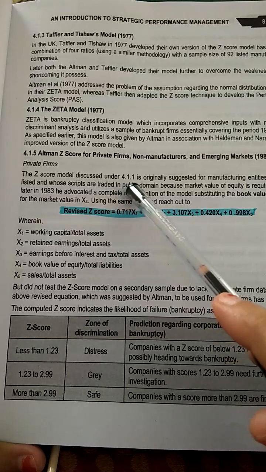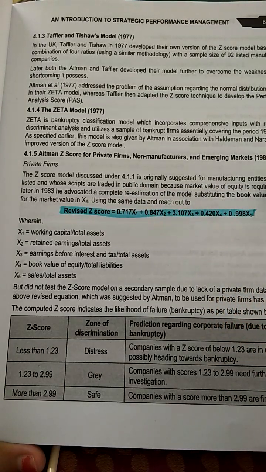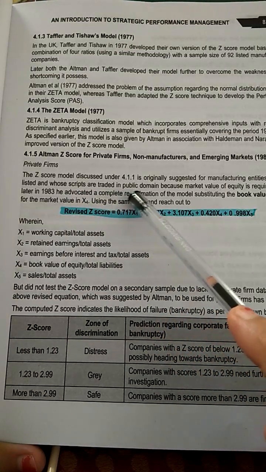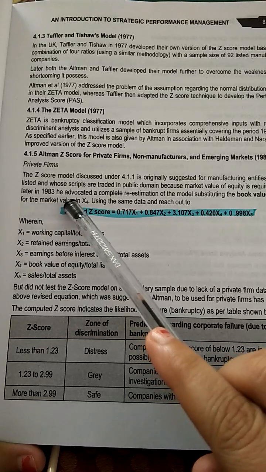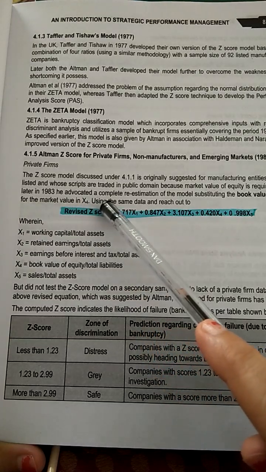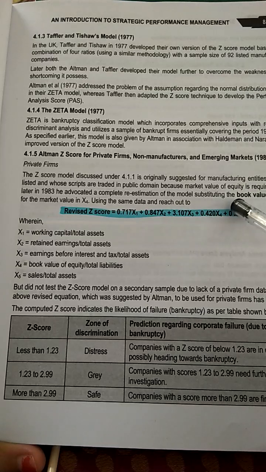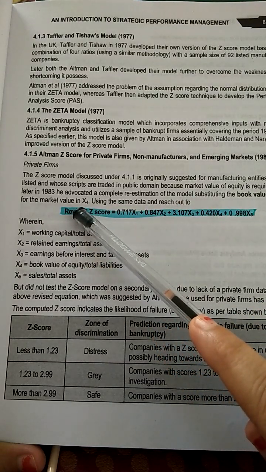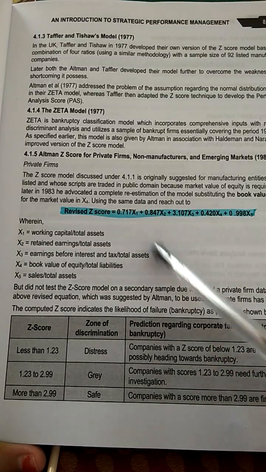The z-score model discussed under 4.1.1 was originally suggested for manufacturing entities that are listed and traded in public domains, because market value of equity is required. Hence later in 1983 he advocated a complete re-estimation of the model, substituting the book value of equity for the market value in x4 using the same data.